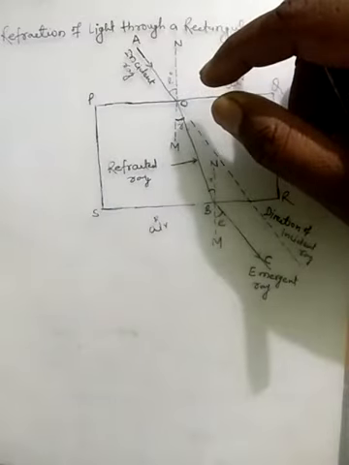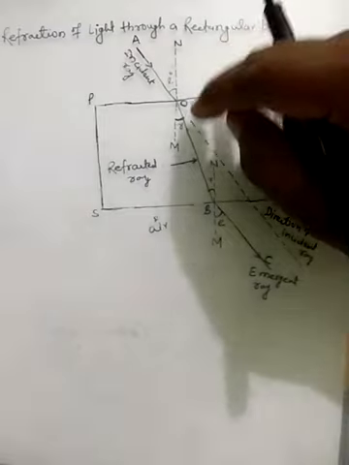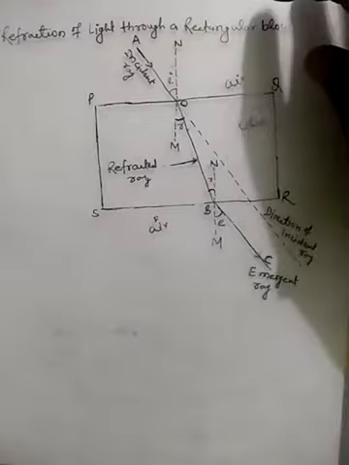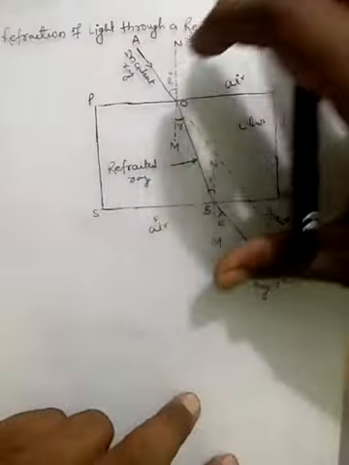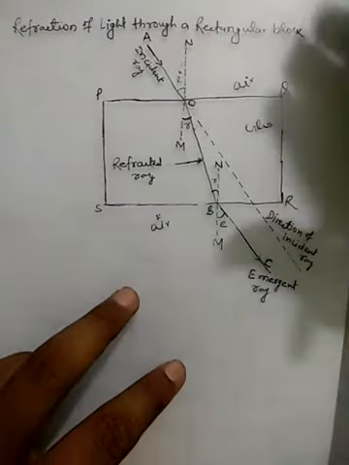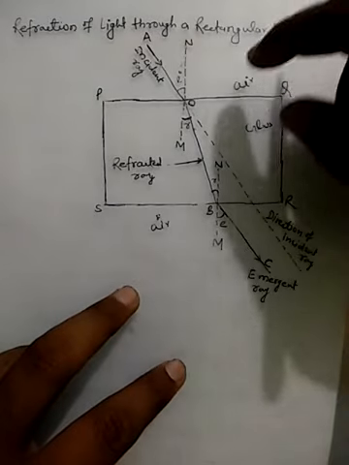Light passes from air to glass and then again from glass to air. This is the simple diagram related to the refraction of light through a rectangular block.